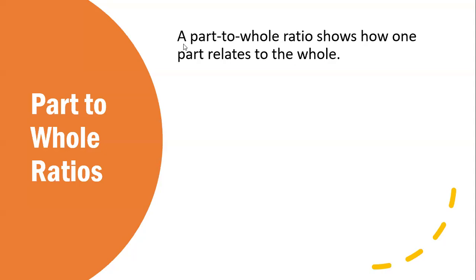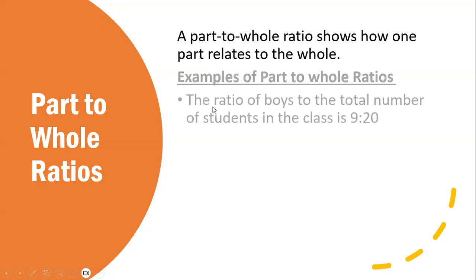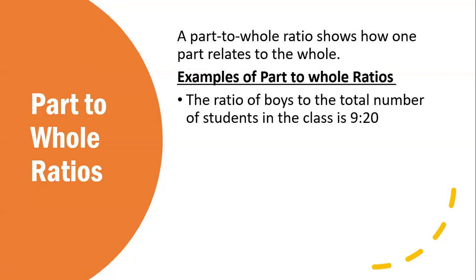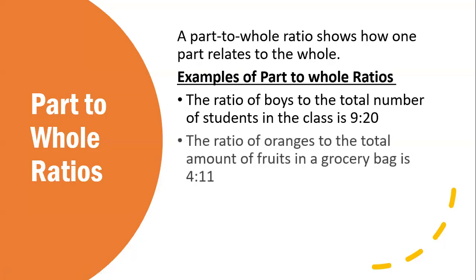A part to whole ratio shows how one part relates to the whole. Very good. Read the rest for me. The ratio of boys to the total number of students in the class is 9 to 20. Very good. Continue.